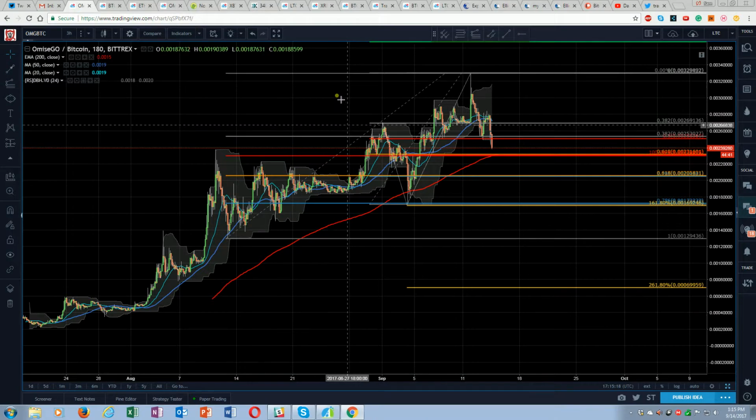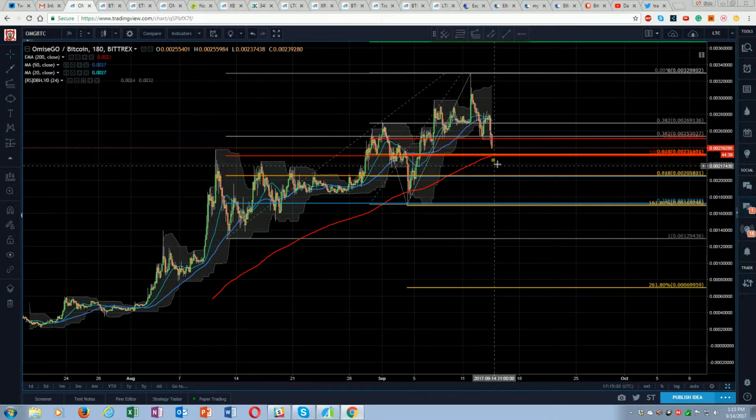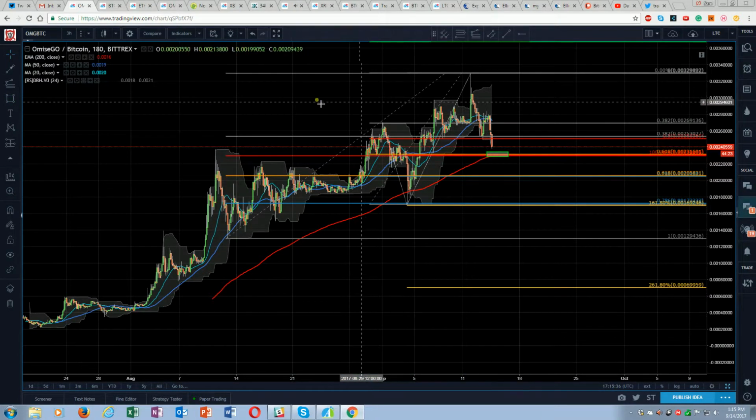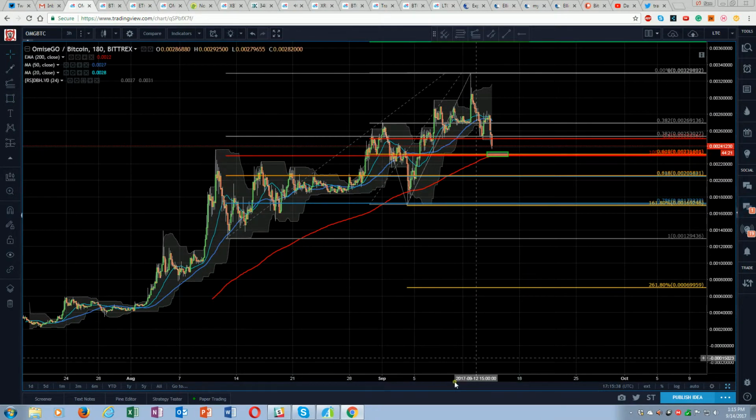So we now have four technical components offering us potential for a buy right here. So here is a very precise buy zone with just a beautiful confluence of data.